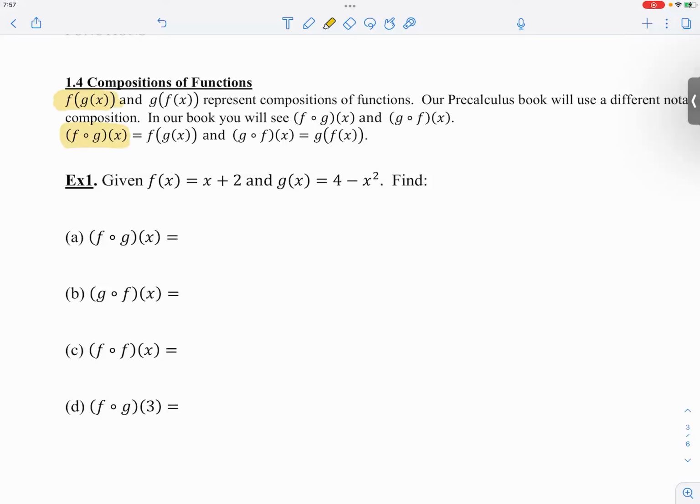That requires me to set up a new department right here in my head. You say, all right, this little circle thing means f of g, and then you have the x right there. But if I have the top notation, I know what f of 2 is, right? So now we're just saying f of, and we insert the g of x inside.